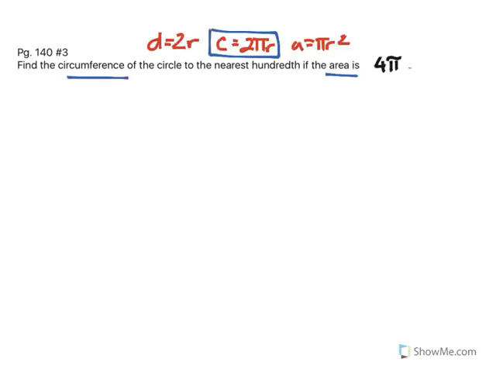So we have to find the circumference of the circle if the area is 4 pi. Okay, so they give us the area first, and we always need to find the radius, okay? The radius is the foundation. So remember, if they give us the diameter, we need to find the radius, and then we can solve for all other things.